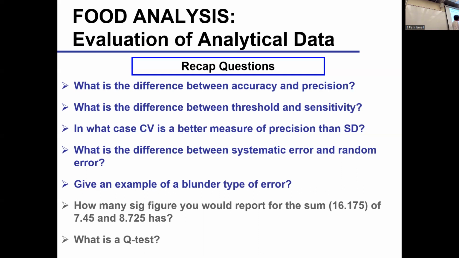So what is meant by systematic error compared to a random error? Can you give me an example? Go ahead, Kevin. Systematic error would be something in all your data, like a scale. Very good. Random error would be something random. Yes.